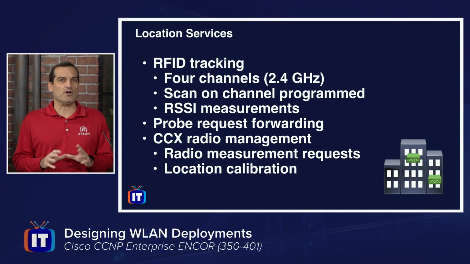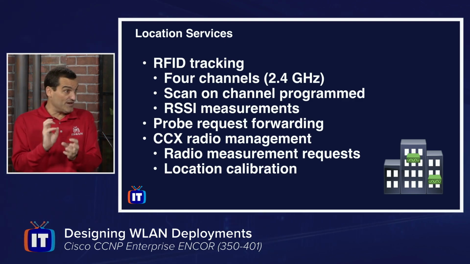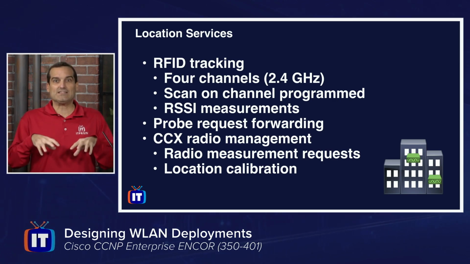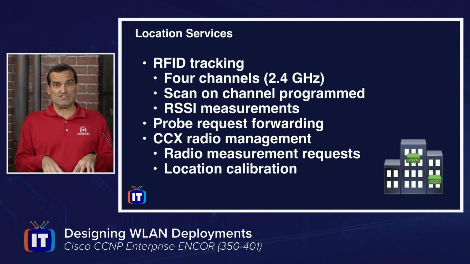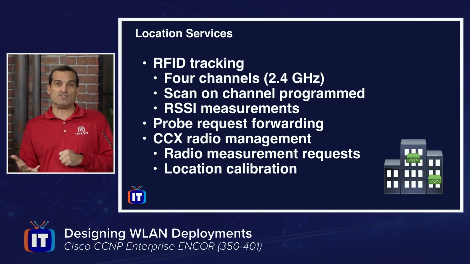But just remember that the Cisco solutions can do location services for you. So if you have RFID chips on stuff that you want to track, these wireless LAN controller solutions from Cisco can do location services. It can use up to 4 channels in the 2.4 gigahertz band.